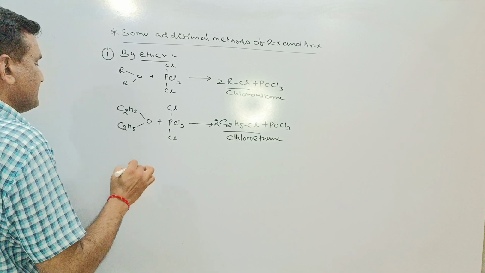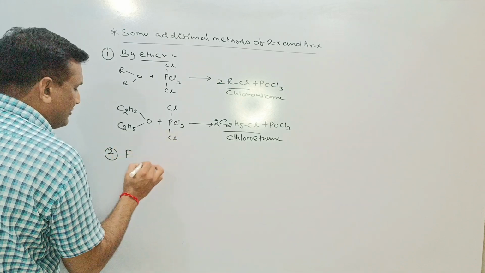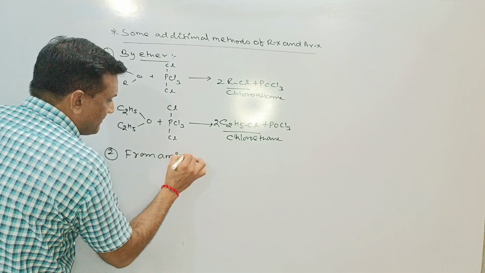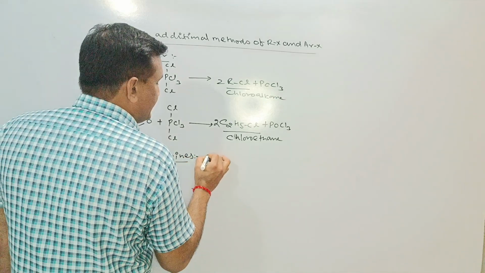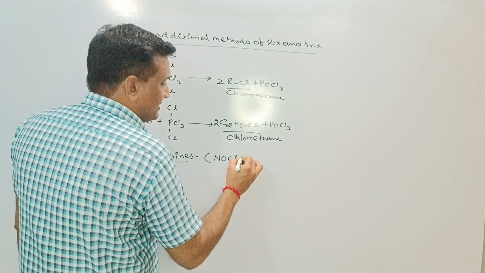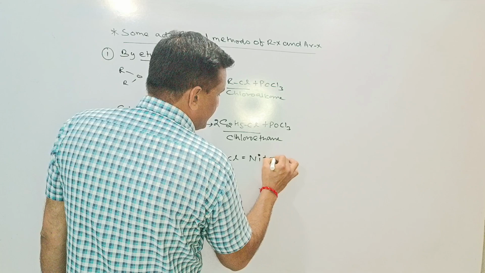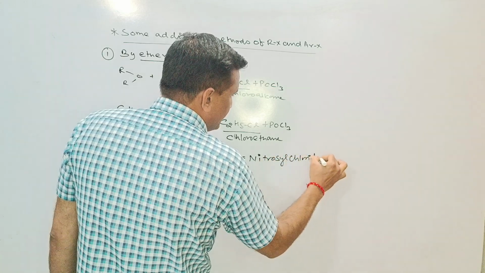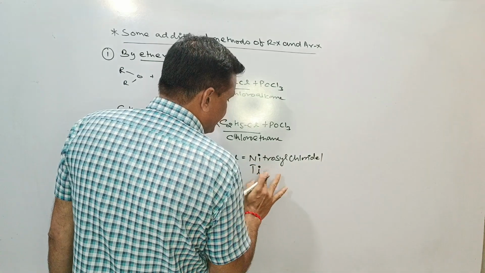If I go with another method, then we can get haloalkane also from amines. Regarding amines, one of the important reagents used is NOCl. It is also known as nitrosyl chloride, or it is also called Tilden's reagent.